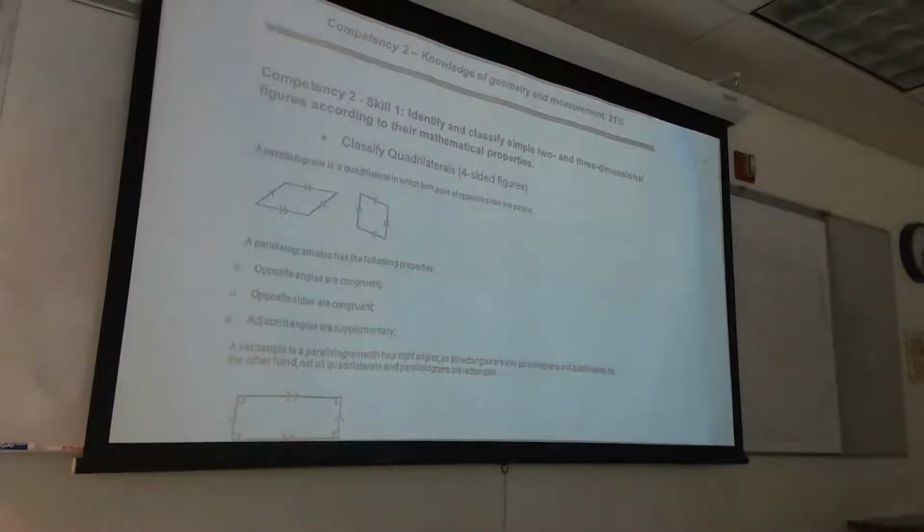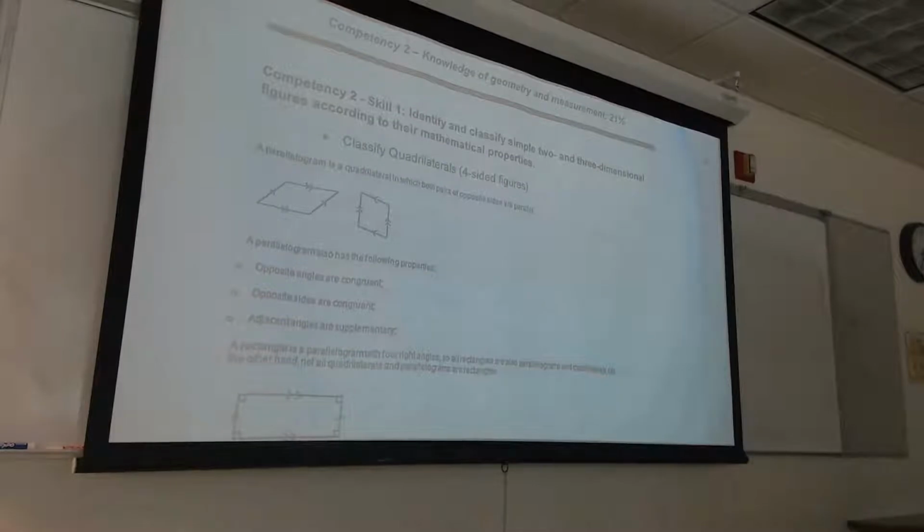Page 6 talks about how many sides, the angles, what are they congruent, are they not, all that kind of stuff. So here we talk about quadrilaterals. So you've got parallelograms, rectangles, rhombus, square, trapezoid.